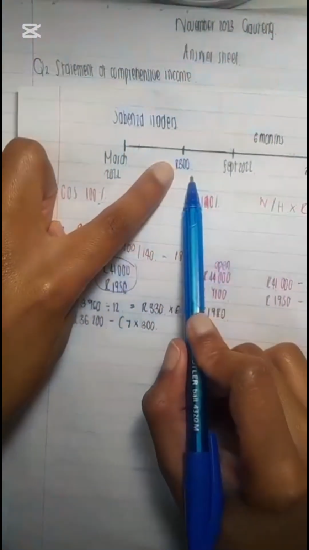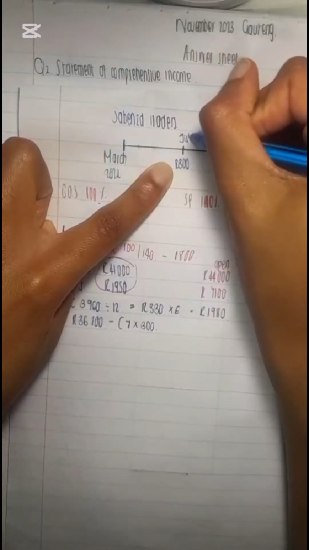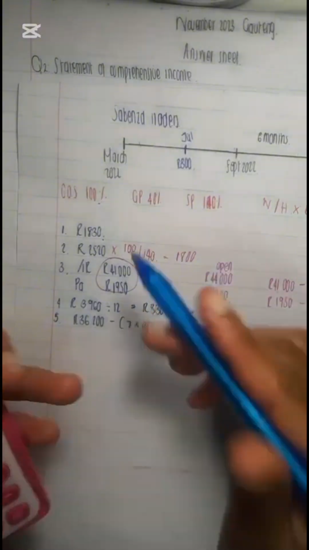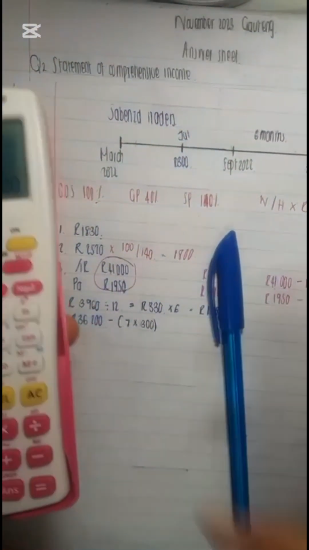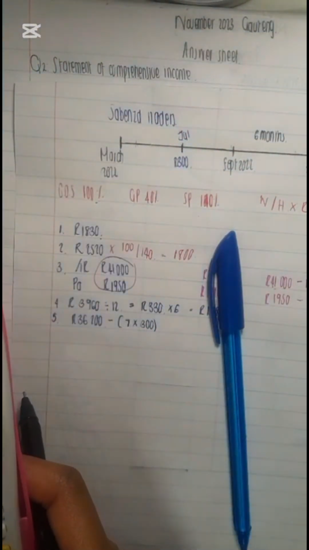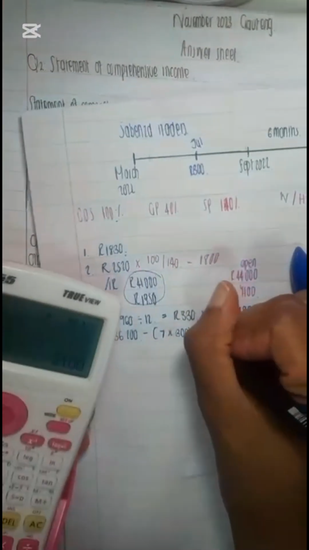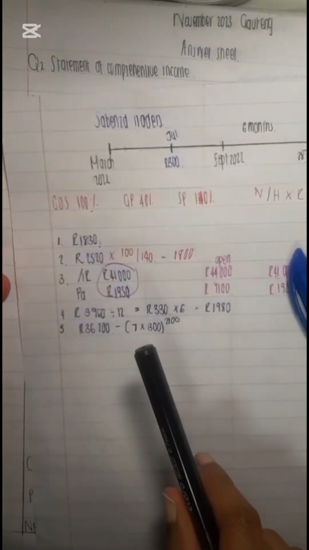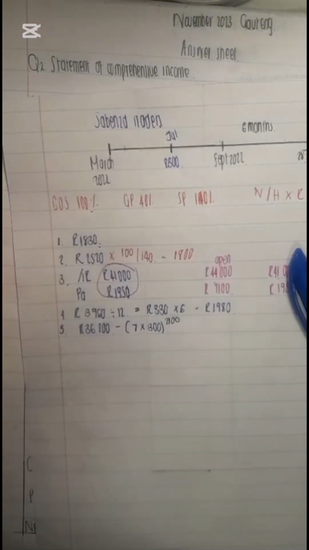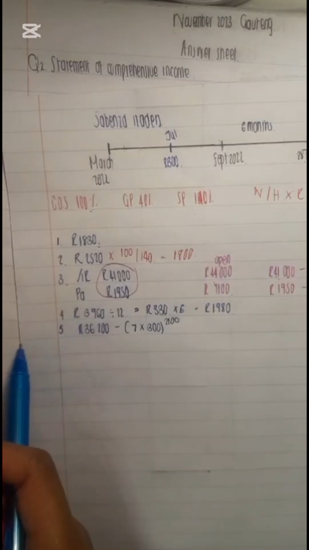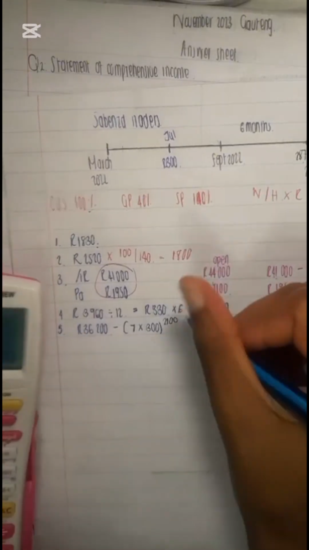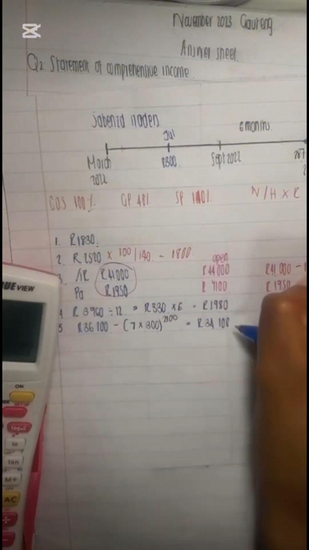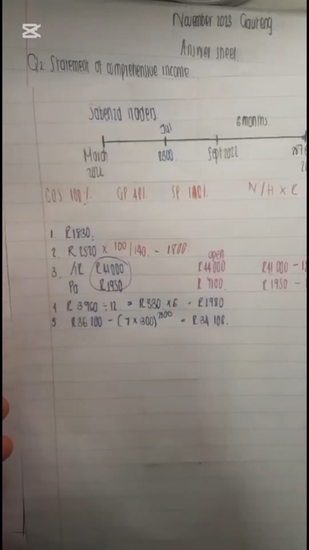From July to Feb would give us 7 months. So we're minusing 7 months of the increase. This would be 2,100. So 36,200 minus 2,100, and we get a normal amount without the increase of 34,100. Now we are not done.